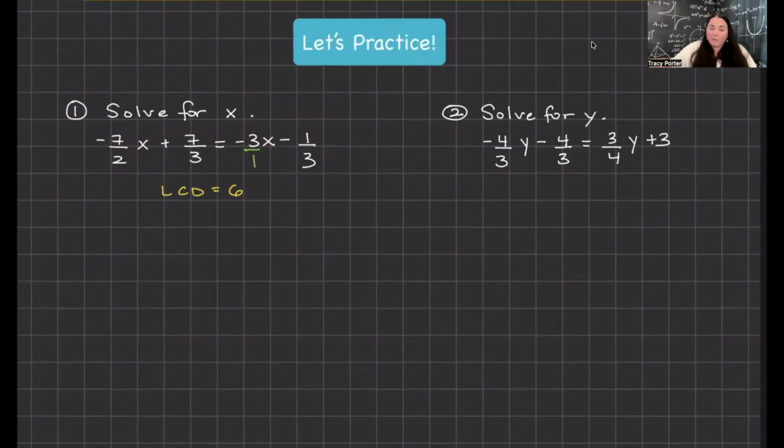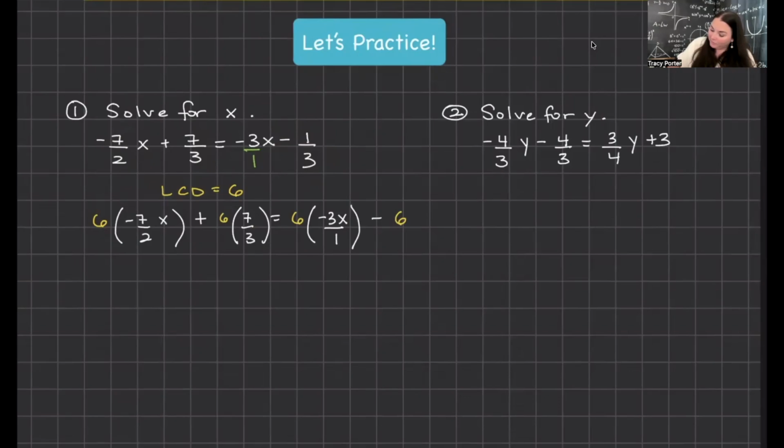The next step is multiplying each of those terms by the least common denominator. I'm going to write it out explicitly, but of course, once you get a little quicker, you don't have to write it out so clearly. I want to do this to emphasize that we're multiplying each term, and I'll even put this back over 1, by that 6.